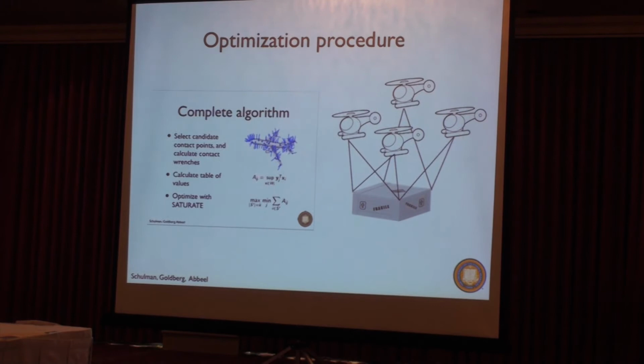Given that set, we calculate a table of values that says for each disturbance, how much each candidate contact point or helicopter position contributes to resisting that disturbance. So we compute that table of values, and then we solve the same optimization problem. So yeah, we just changed the first step.